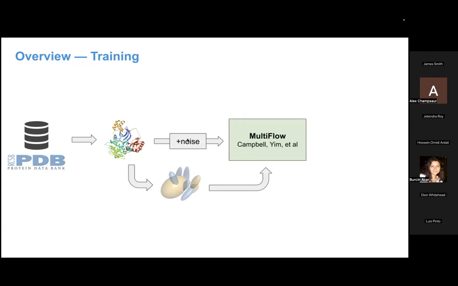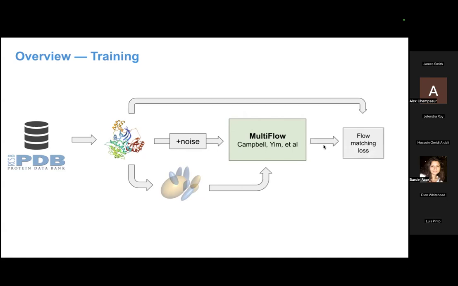To train this, we feed as input to the diffusion model the noisy structure plus our conditioning information, and then we predict the clean structure from it and have some type of diffusion model flow matching loss. The only thing that changes from the normal diffusion model training is that we feed these ellipsoid layouts as additional input to the diffusion model.